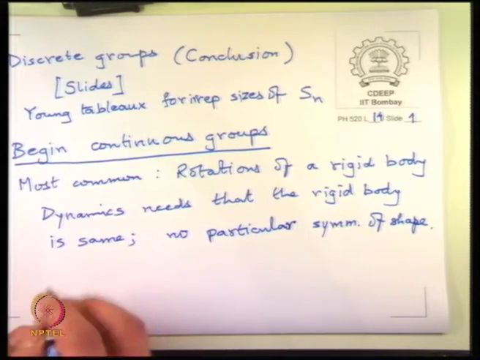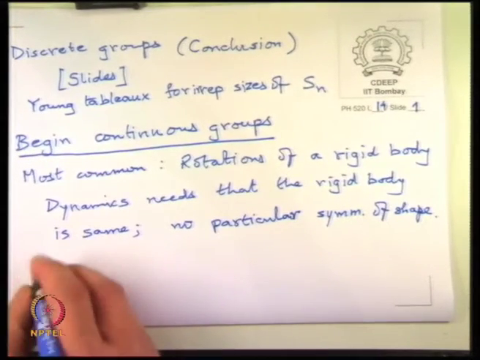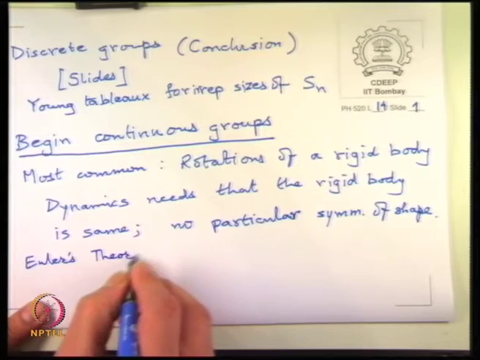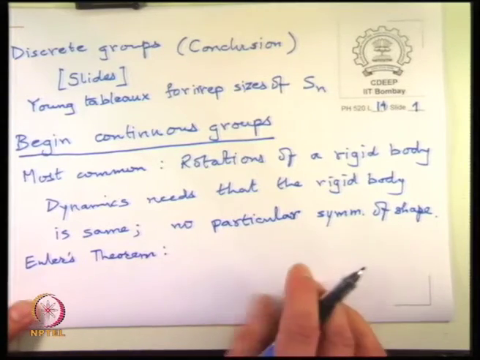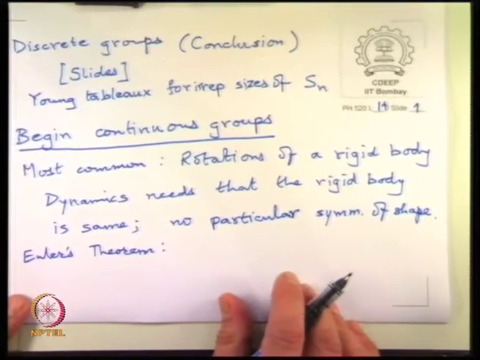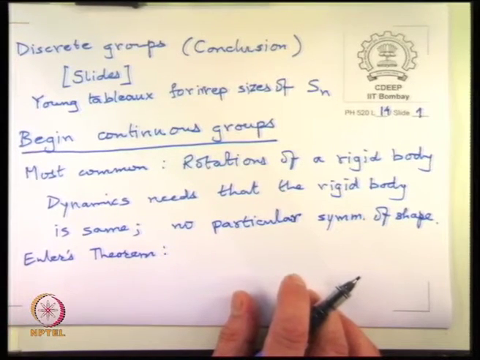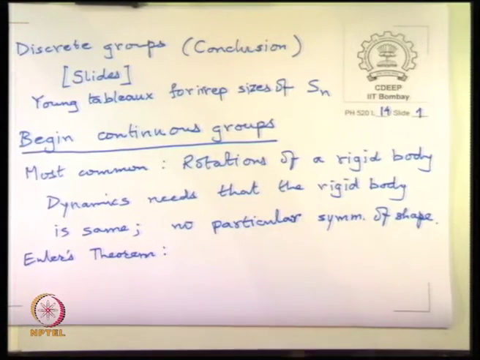We have an interesting theorem of Euler. That every motion of a rigid body is a translation and a rotation about some axis passing through the rigid body.